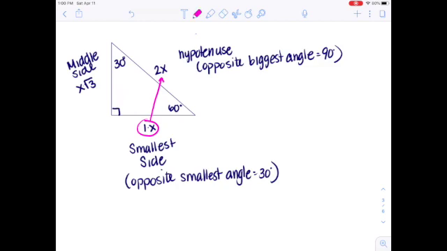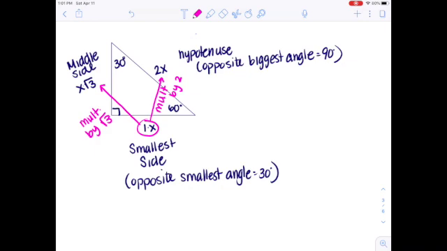So to go from your smallest side to get your hypotenuse, you're going to multiply by 2. If you have your smallest side and you want your middle side, you're going to multiply your smallest side by root 3. Now, on the flip side, if you have the hypotenuse and you're trying to get your smallest side, then you're going to divide by 2.